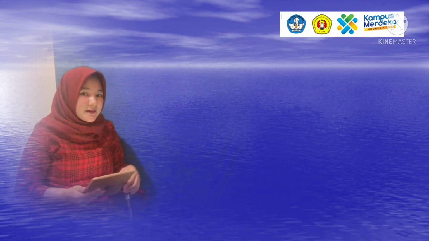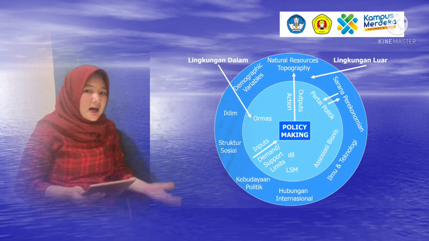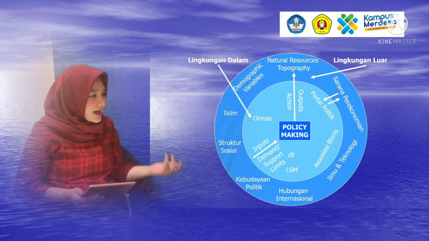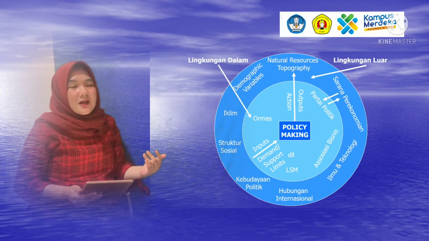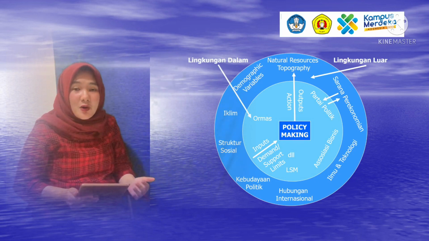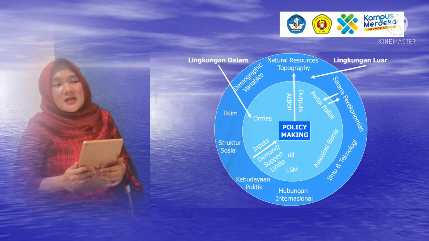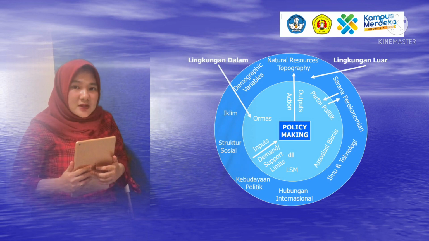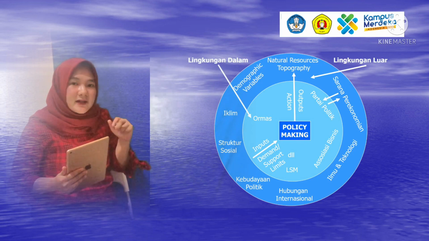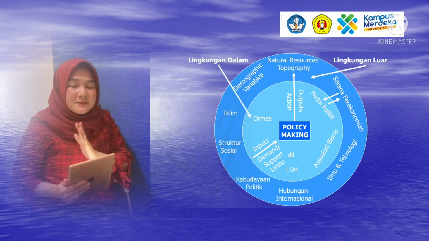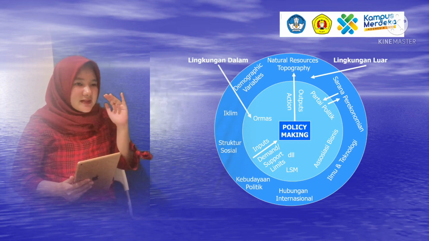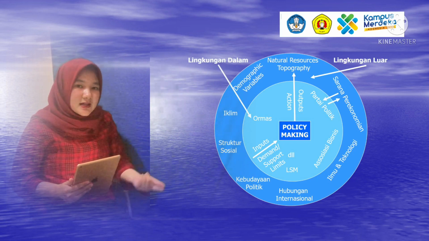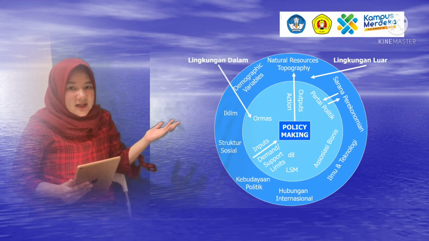Now guys, beside me there is a picture about the outside and inner environment that can affect our public policy. So when the government wants to make public policy, there are other factors that can affect it, maybe from technology, maybe from science, and maybe from society.